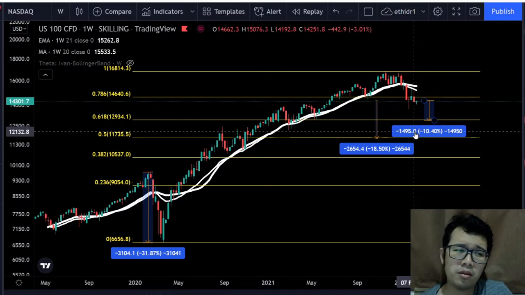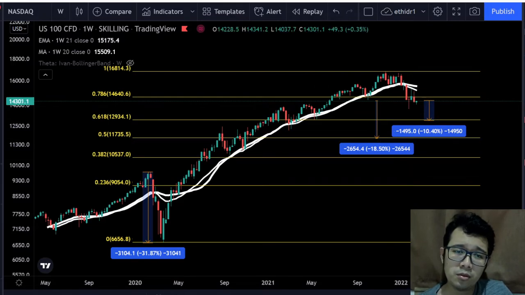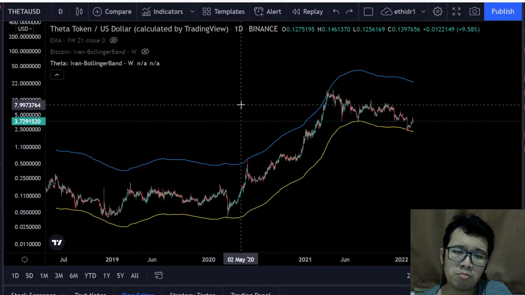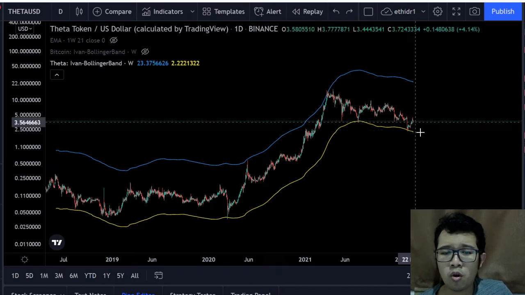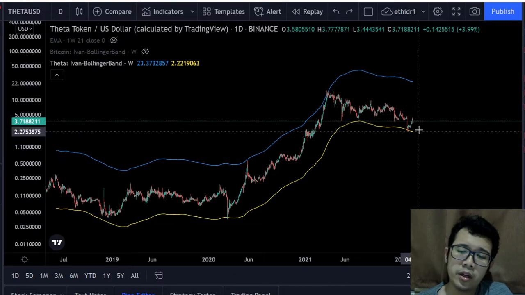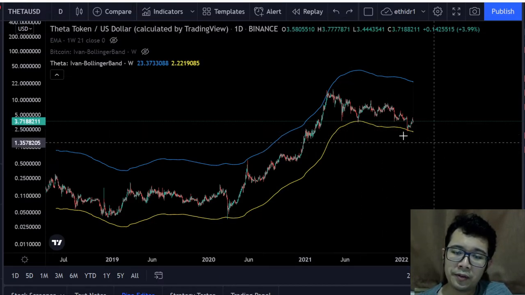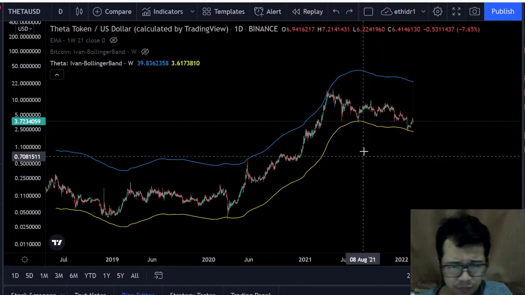I'm not telling you that I'm 100% confirmed about the price prediction, but from the data using this algorithm, I'm a bit optimistic that every time it hits this one, I don't think the price is going to go down again, maybe back to $1. I don't think so. That's why this is a very strong line for the Bollinger Band. I will update you and see you next time.